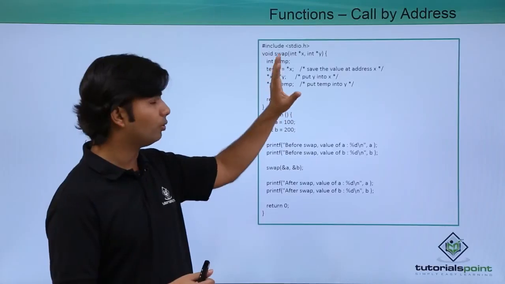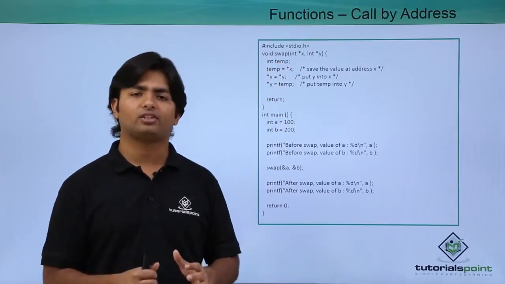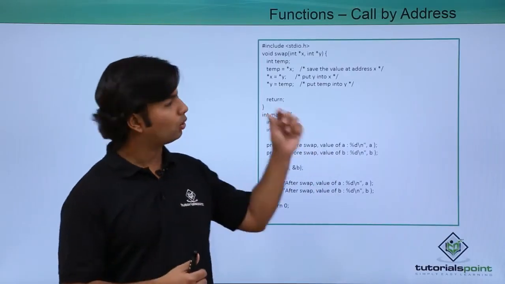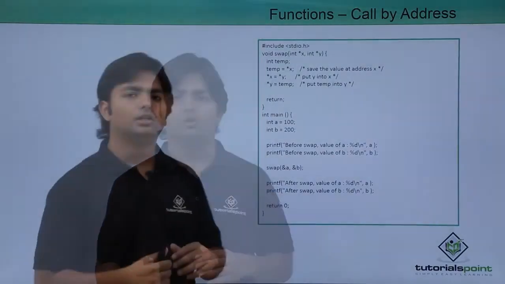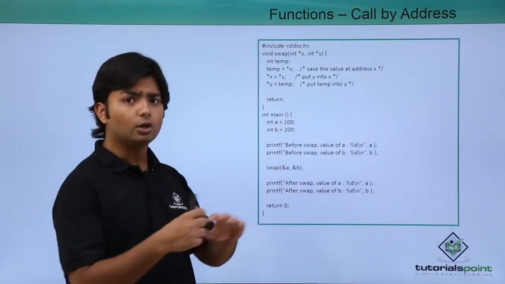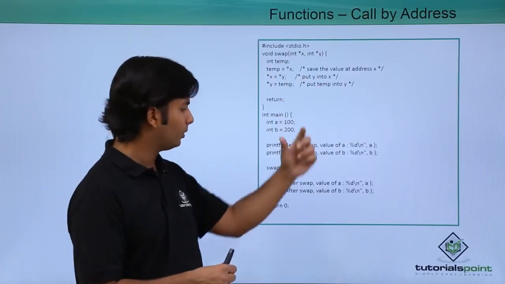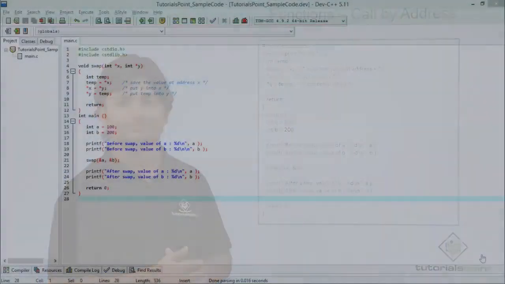It will only occupy 8 bytes in memory. So in cases of large data types, call by address can be beneficial for performance. Let's have a practical implementation of call by address, where we will create the method swap and pass the address.